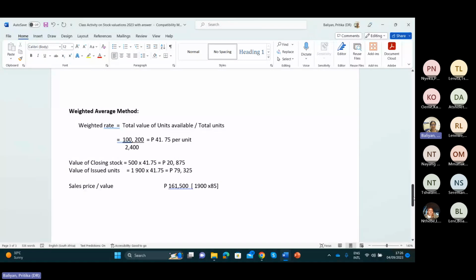Then we subtract because the cost of issued unit or cost of goods sold is the same, which is 79,325. So how much is gross profit? I got 82,175.